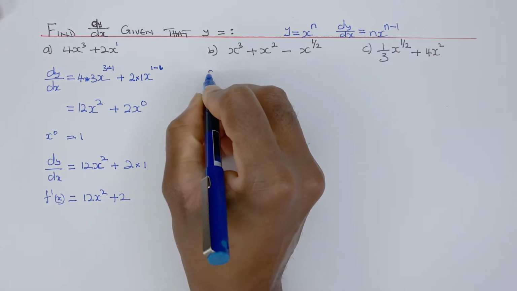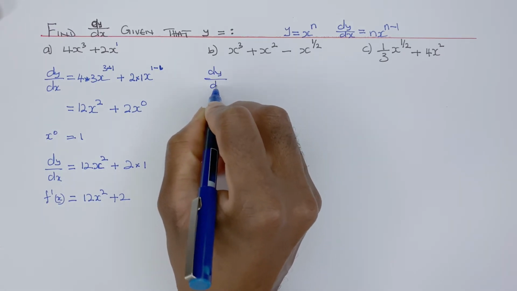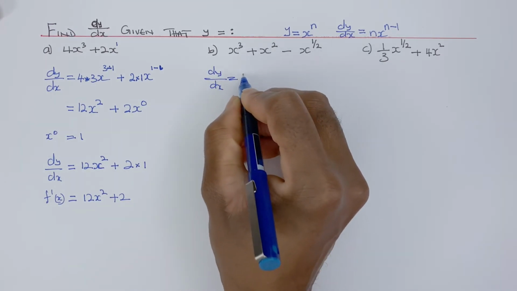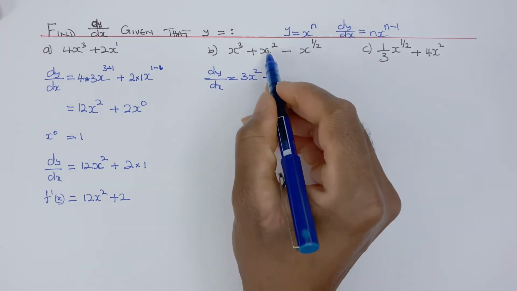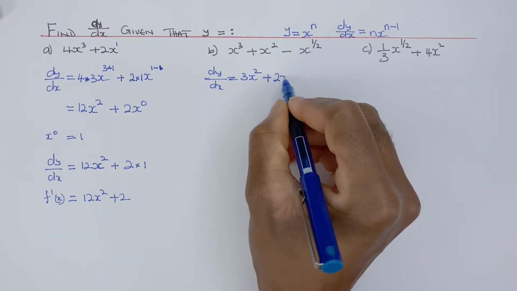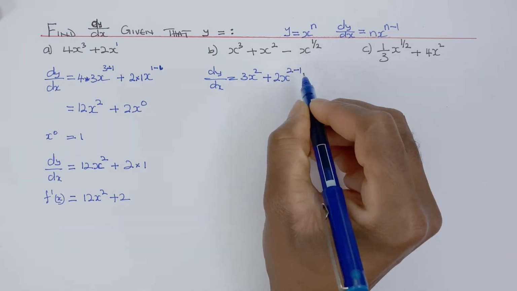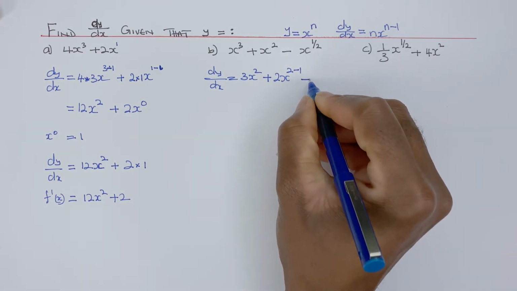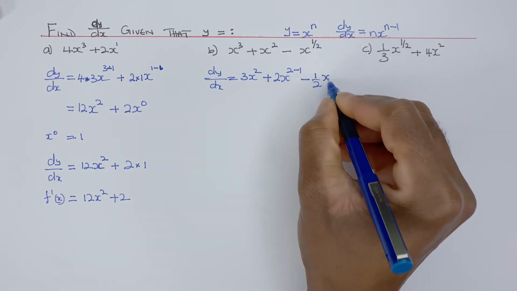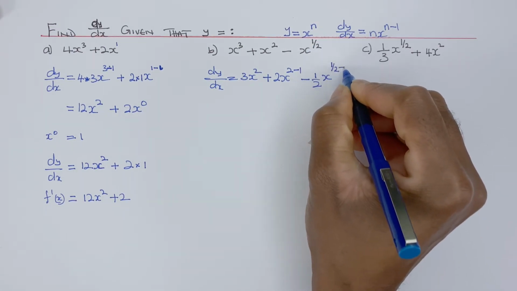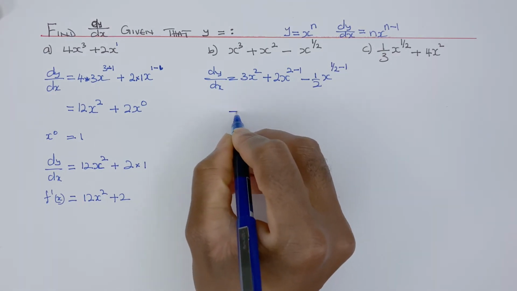So dy/dx for this one is 3x squared, plus dy/dx for that will be 2x to the power 2 minus 1, and then for that one will be minus a half, bring the half down, x to the power a half minus 1.